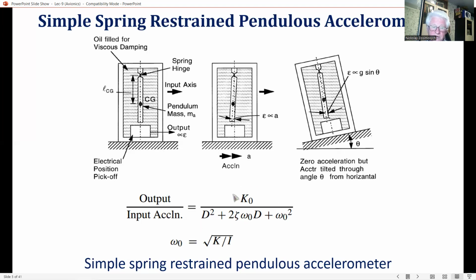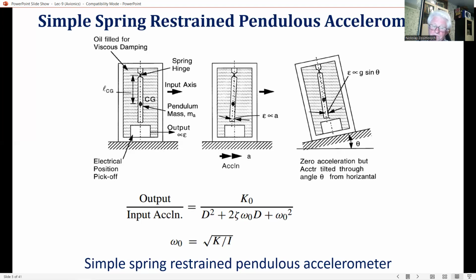K naught is the accelerometer scale factor, and the undamped natural frequency omega naught equals the square root of K over I, where K is the torsional spring stiffness of the hinge and I is the moment of inertia of the pendulum about the hinge axis.